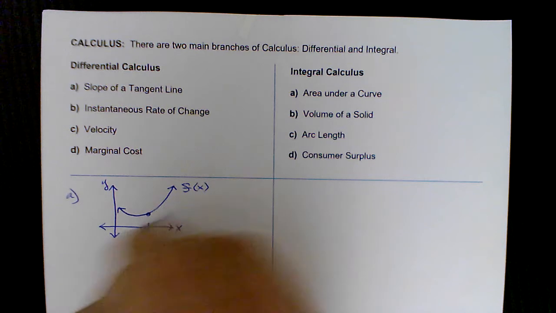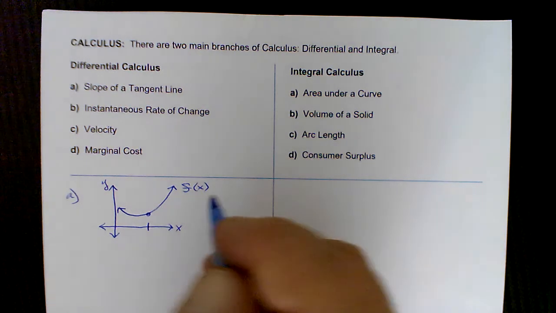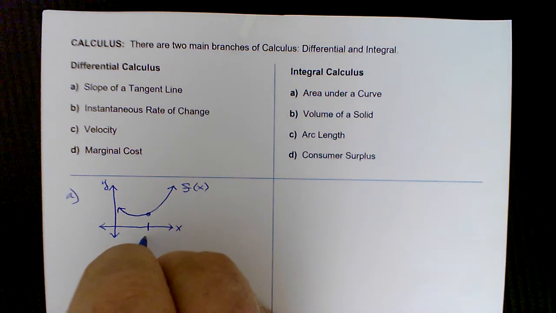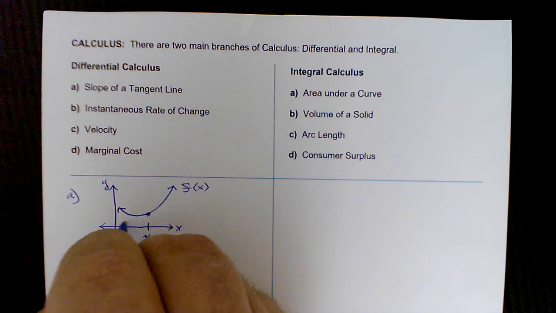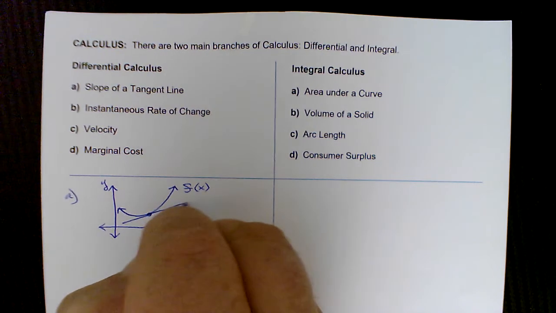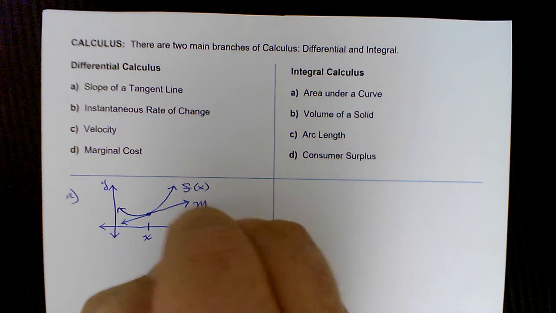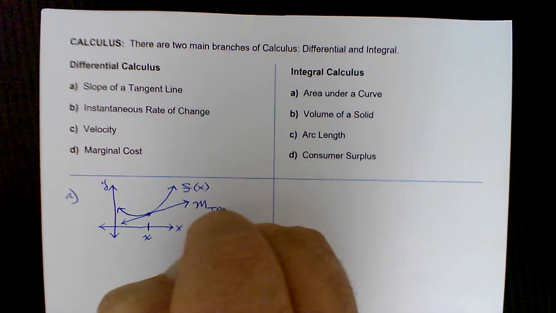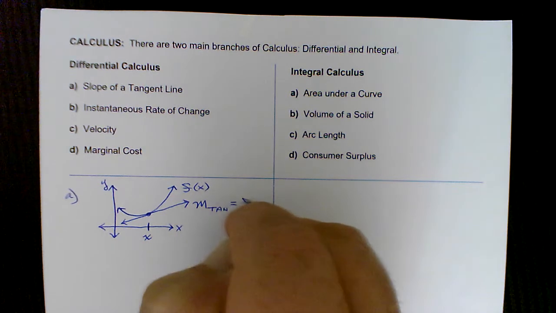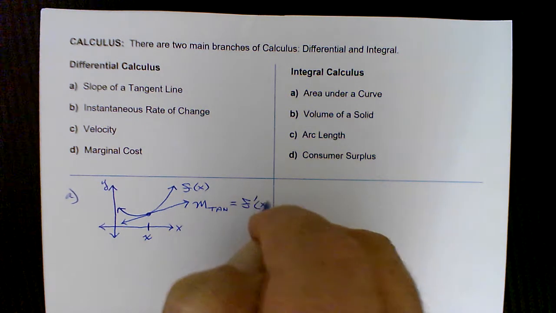Well, we can't really draw the slope of a line because you need 2 points for the slope of a line, but we'll get to that concept soon enough. And let's just say that this is the tangent, cutting it just at one point. That would be the slope, and then tangent, that's our derivative, f prime of x.